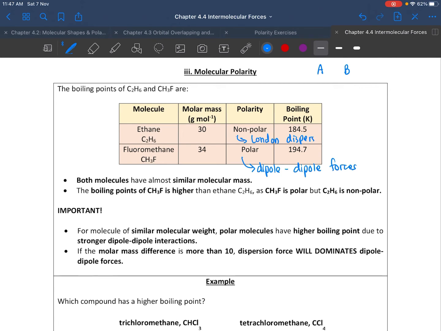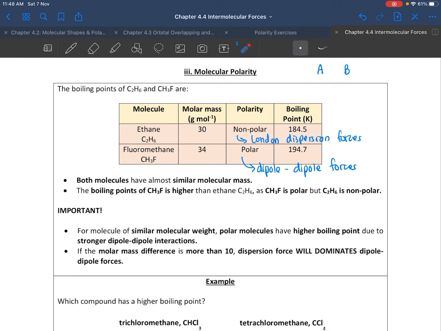Between London dispersion forces and dipole-dipole forces, we know, as I showed earlier, dipole-dipole forces are stronger than London dispersion forces. So that's why the boiling point for fluoromethane is higher than ethane. So important: for molecules of similar molecular weight, polar molecules have a higher boiling point due to stronger dipole-dipole interaction.